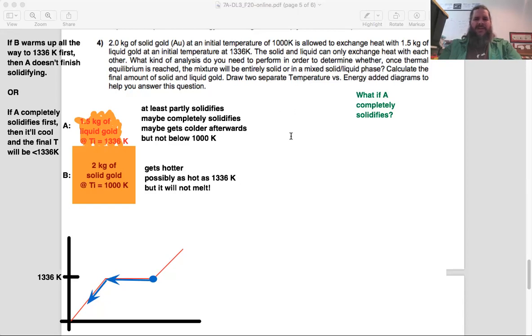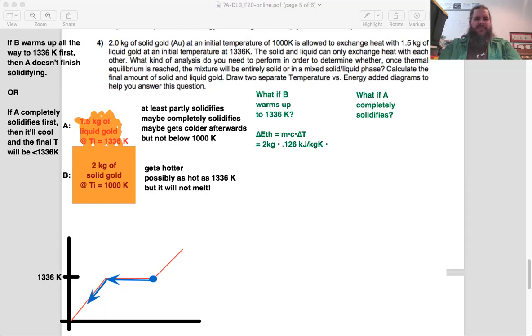And where can we get specific heat? Yeah, we looked that up on the data table. So looking up gold on the data table, it looks like the specific heat of gold is 0.126 kilojoules per kilogram Kelvin.